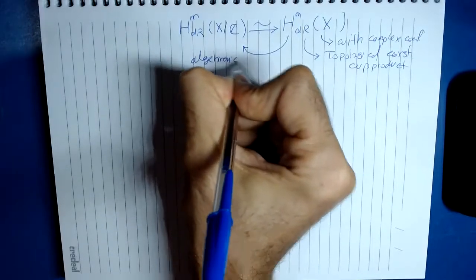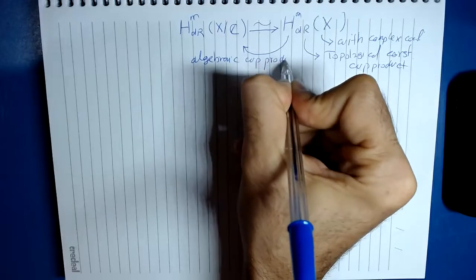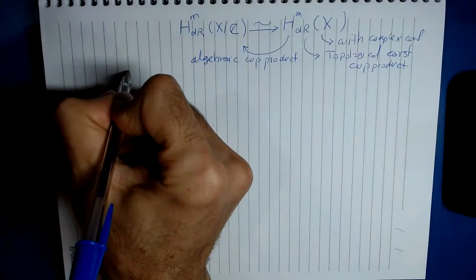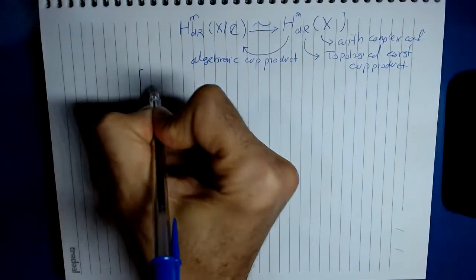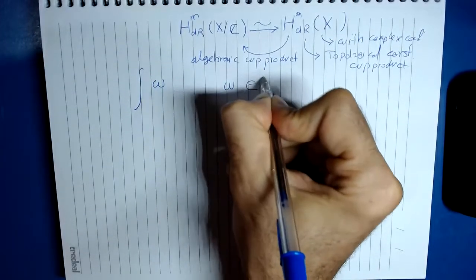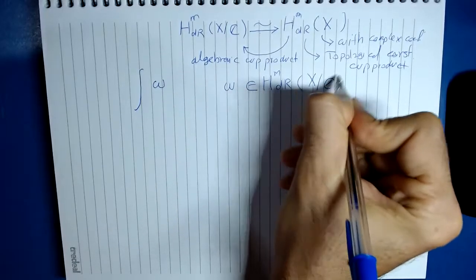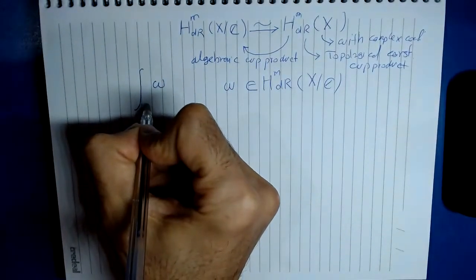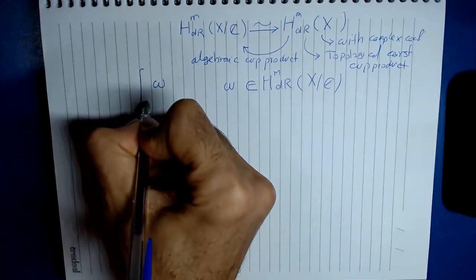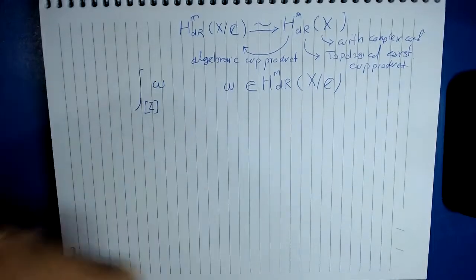For example, algebraic coproduct. In particular, what we can do, we can introduce this kind of integration, omega in H^m de Rham of X over C. Since the topological cycles we cannot all of them recover by algebraic geometric methods, we just integrate over the homology class of the algebraic cycle.